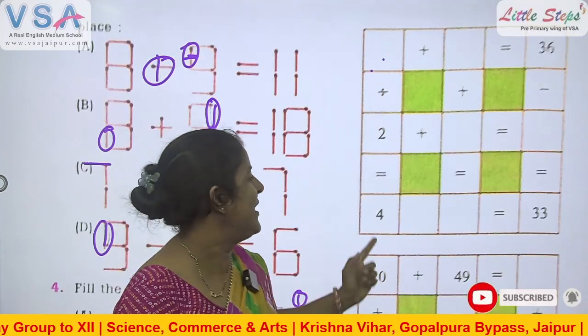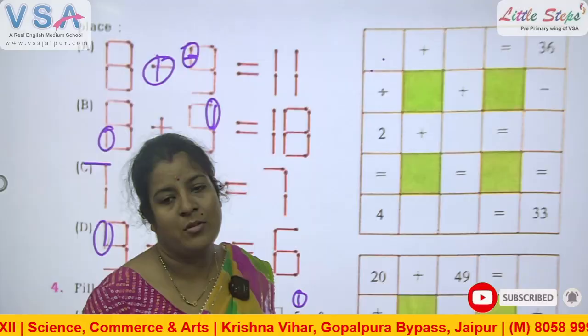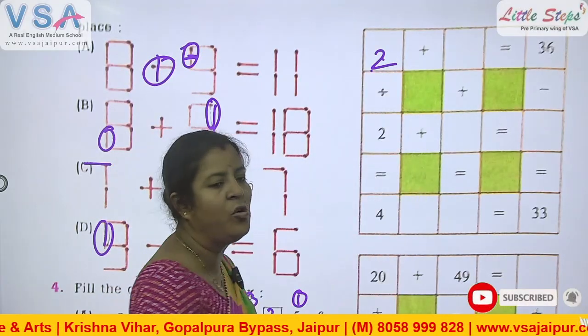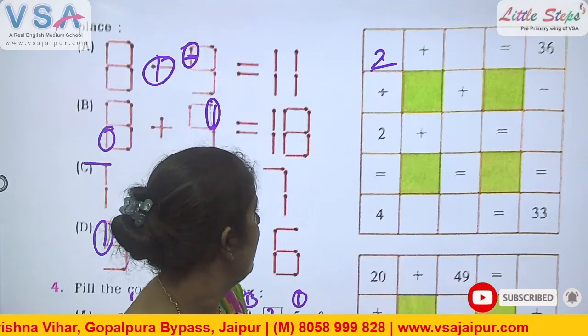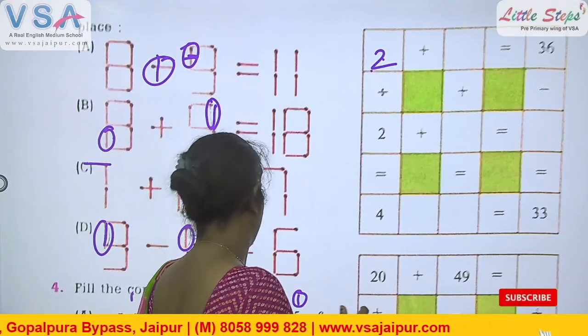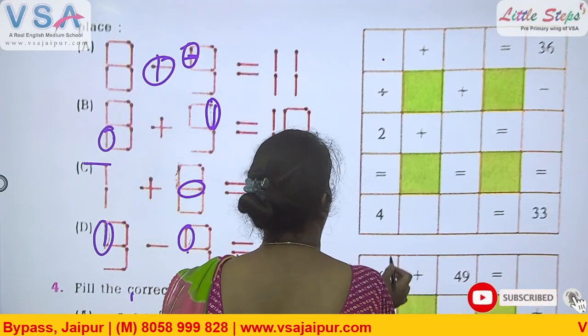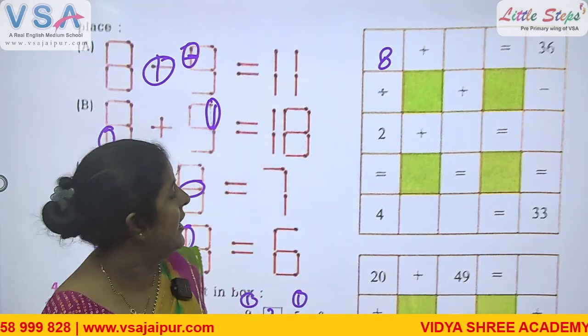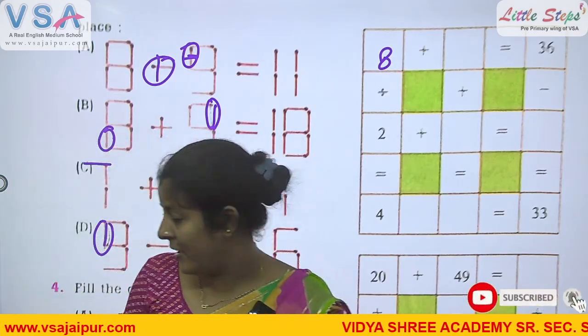Plus 2 equal to 4. So which number on this side? No. 2. Because 2 plus 2 equal to? It's a division? Okay. So 8. Write the number is 8.